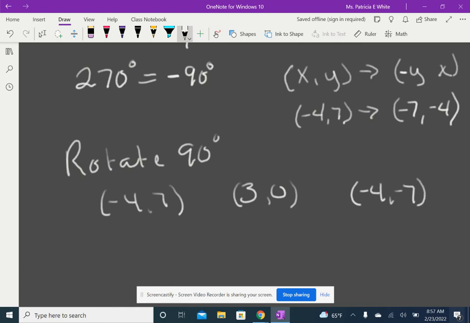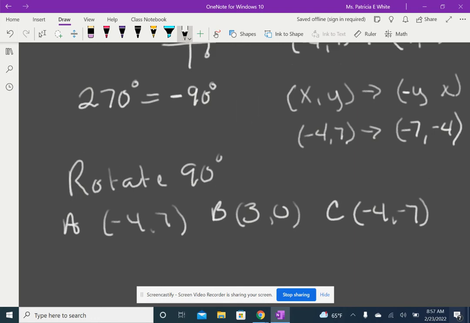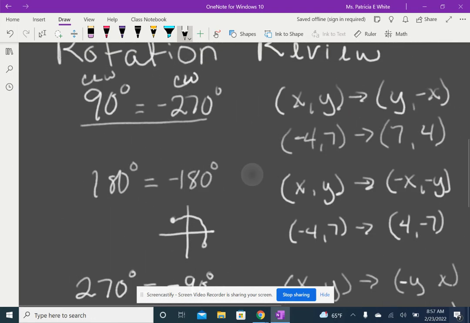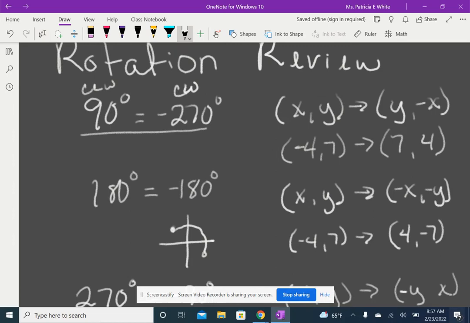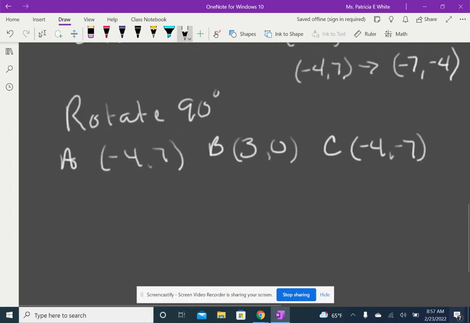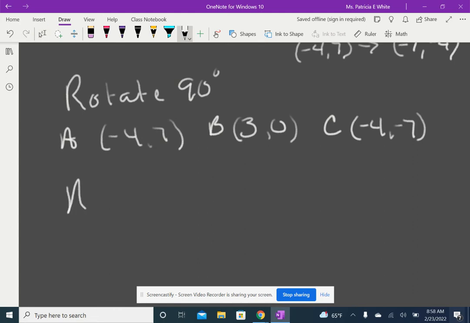A, B, and C. All right, rotate 90 degrees. Y comes first, opposite of X goes second. So A prime, Y comes first, Y is 7. Opposite of X goes second, X is negative 4, so that's a positive 4.